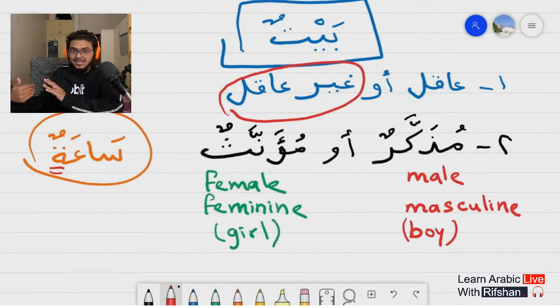That's a later stage. But for now, let's say anything that has ta marbuta is feminine. Okay, malaikatun. Oh, but malaika, the angels, which are Allah's creation, inath.